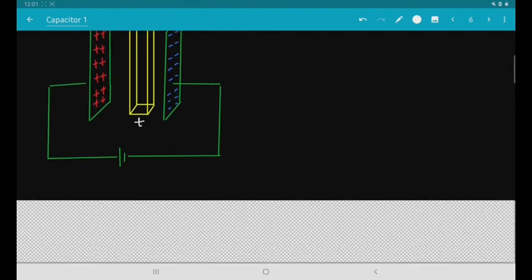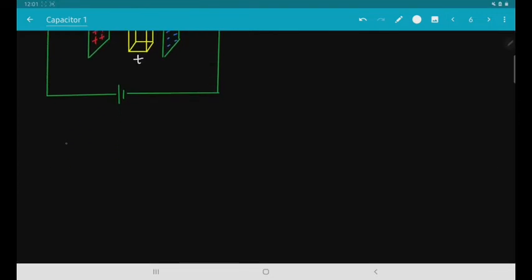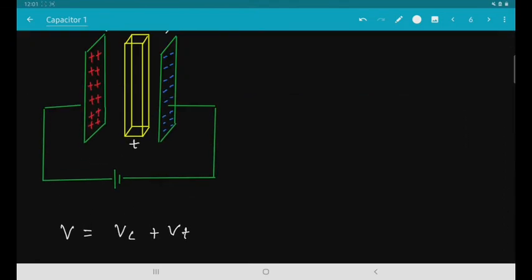between these plates. Now the potential in between these plates will be a sum of potential in the vacuum plus potential in this dielectric. So two potentials will come here because there will be two fields. One field will be existing in this vacuum, another field will be existing in the dielectric.